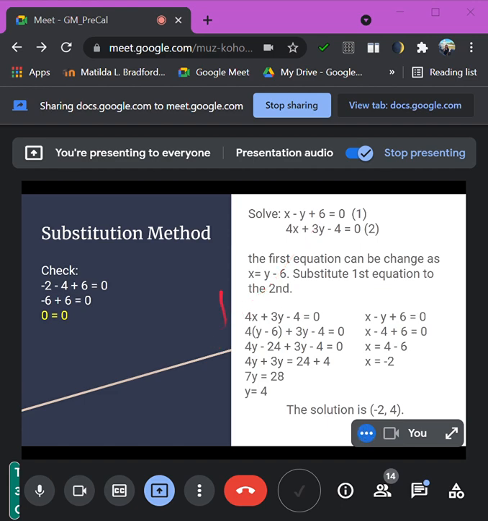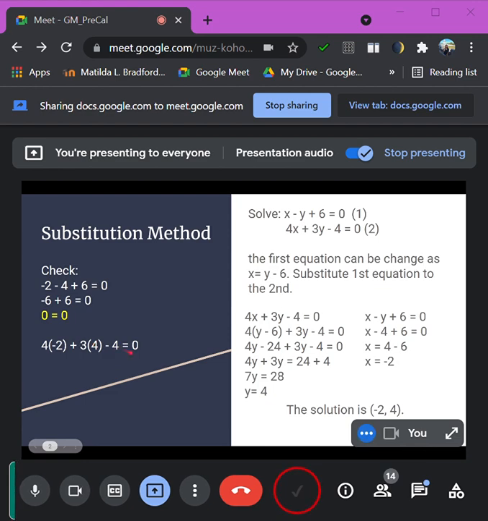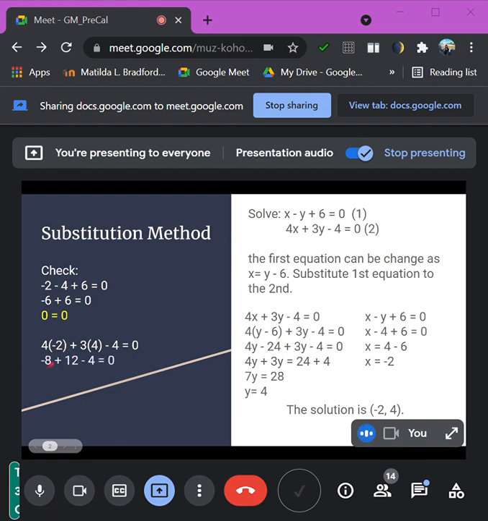Now, mag-check na ta how about sa atong second equation. So we have there 4 times x which is negative 2, plus 3 times y which is 4, and then minus 4 is equals to 0. So ato siyang i-simplify. 4 times negative 2, that is negative 8. 3 times 4, that is 12, minus 4.